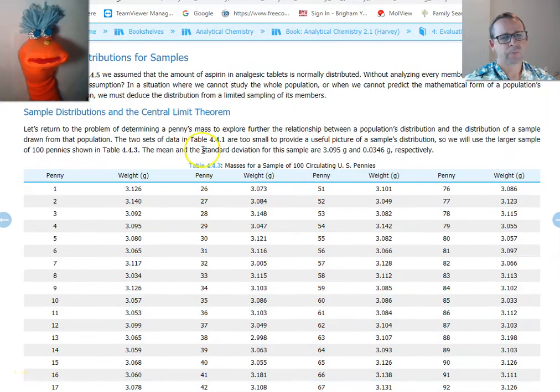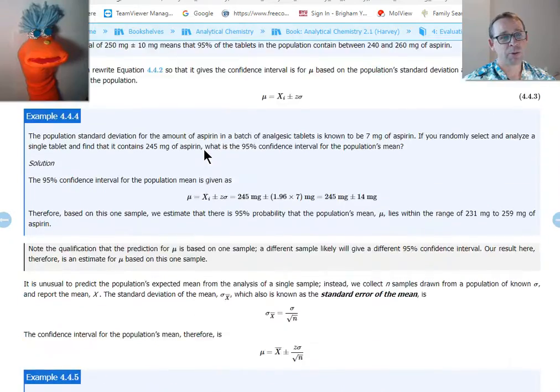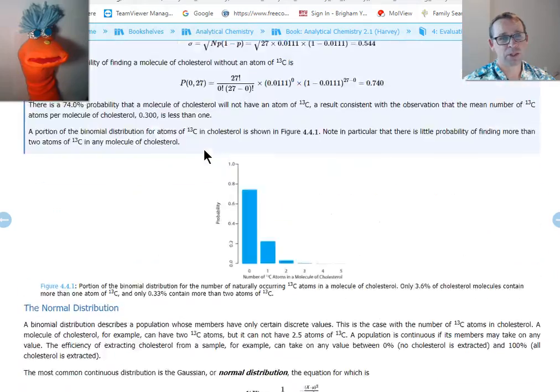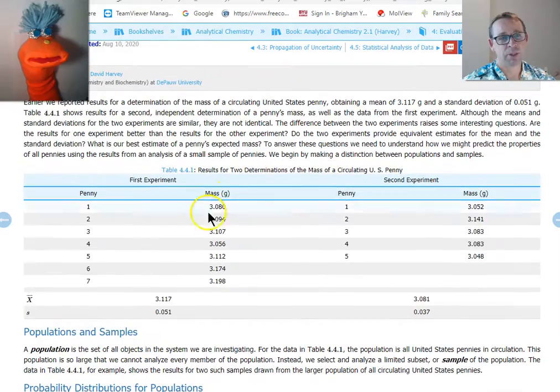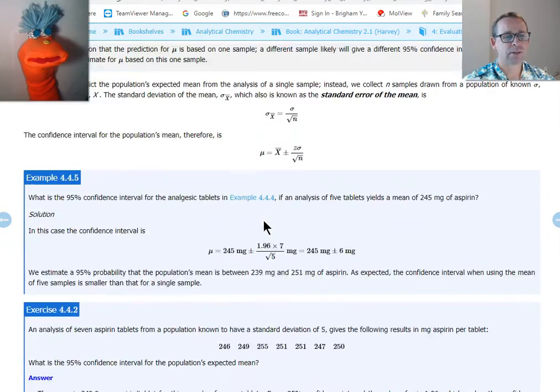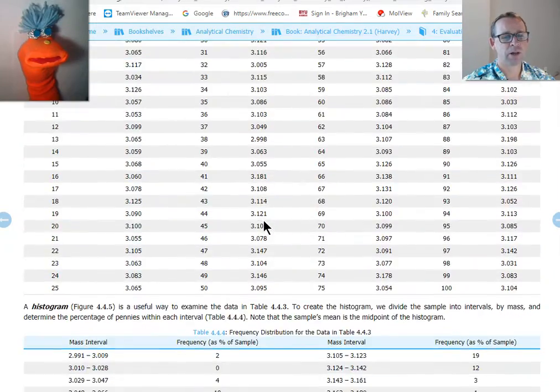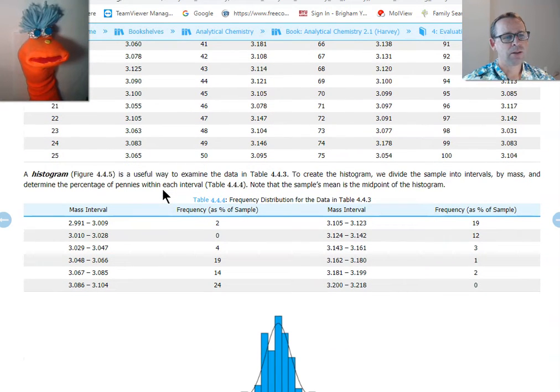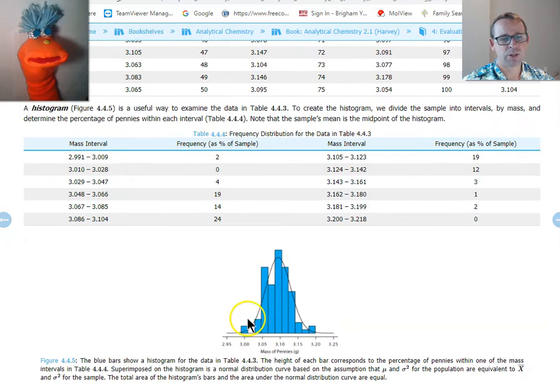Okay? So if we talk about pennies again, the previous time we talked about pennies, we were talking about relatively small populations or samples of the population. So if we get a larger set from the population, here we have information for 100 different pennies. And we can create what's called a histogram, and this is very similar to what we were showing before.